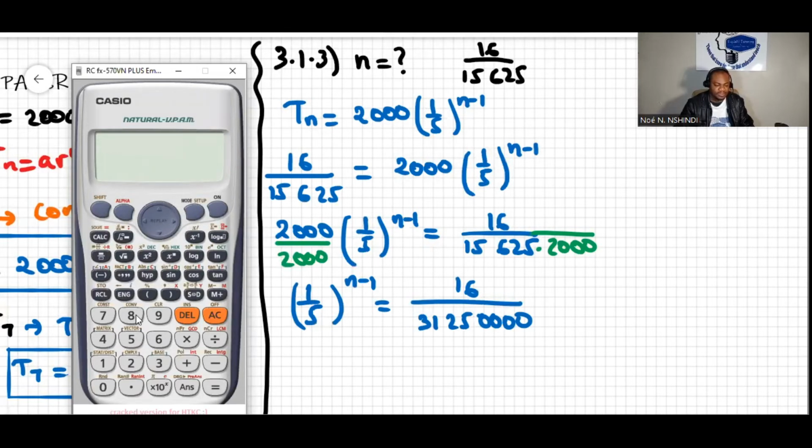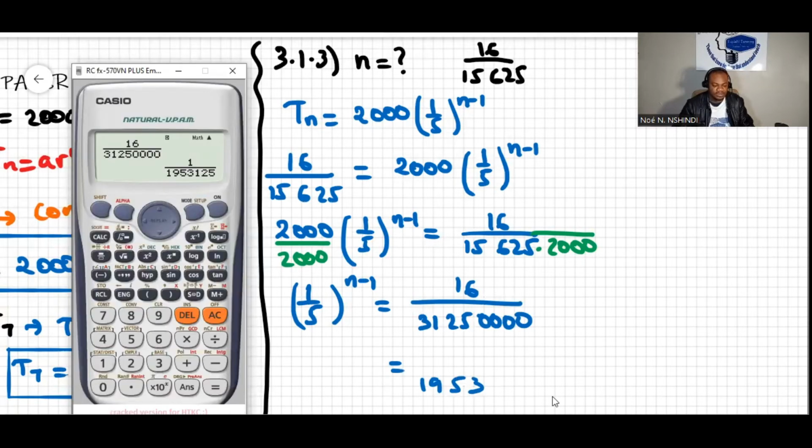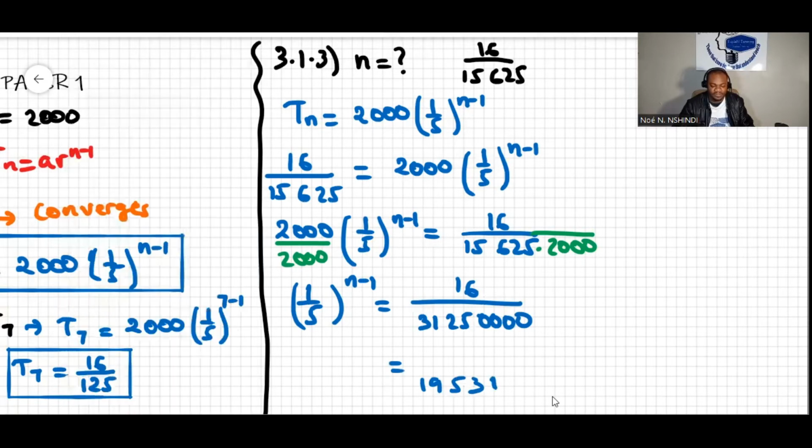Let's see. I think we can simplify 16 over 3125 followed by 4 zeros. Yes, we can simplify. It's going to be 1953.125 under 1, and that's 1 over 5 to the n minus 1.